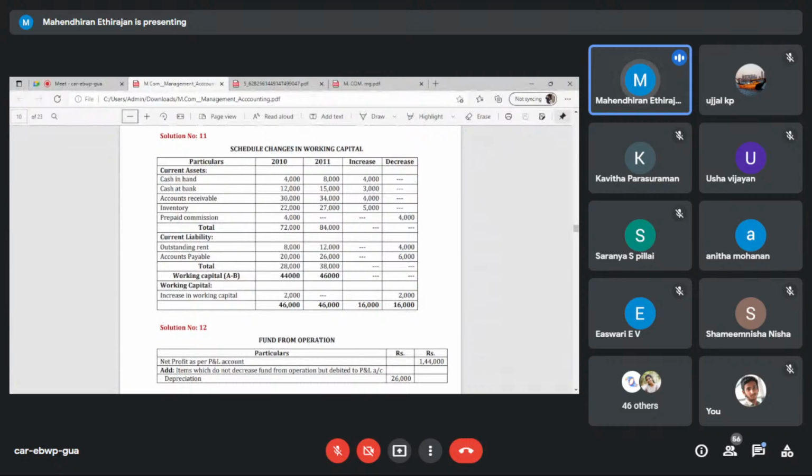For improvement or expansion of your business, comparing last year and the current year, you require additional funds. For 2010, 44,000 is enough, but in 2011 you need 46,000. So you need an additional 2,000 for business, and you have to arrange that 2,000. That's why a rise means an excess of money needed for the business.